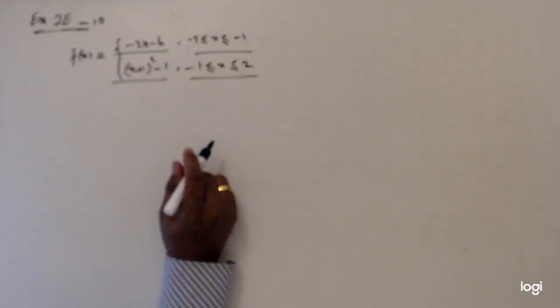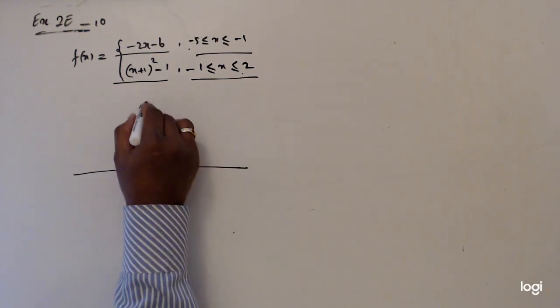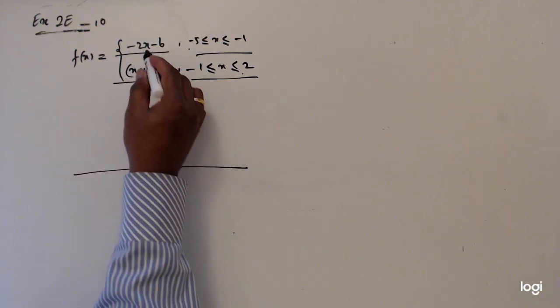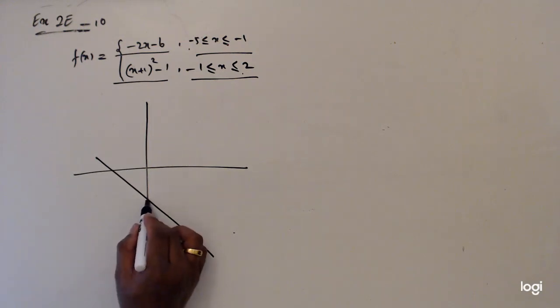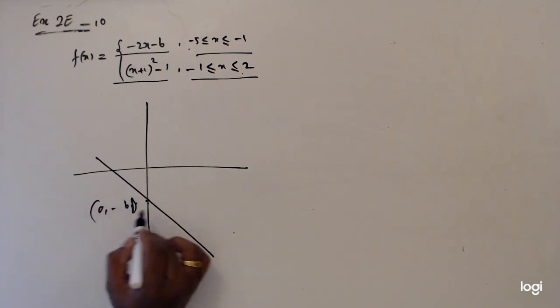To get an idea, first of all, I'm drawing. This is a negative gradient and minus 6. This kind of graph I am expecting. This is the point 0, minus 6.